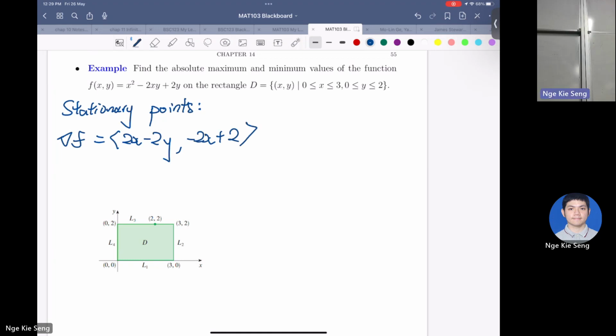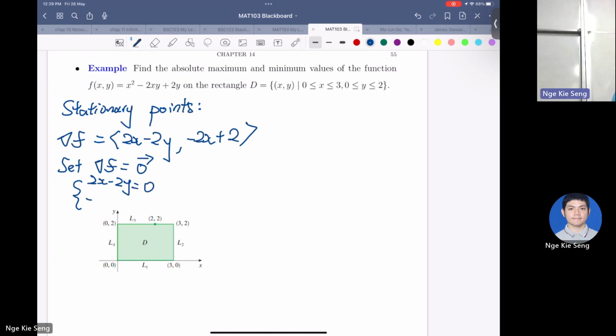So you see that for one variable, you only have one equation. For two variables, the gradient gives you two equations. You want to set this equal to the 0 vector, so you get a system of linear equations.